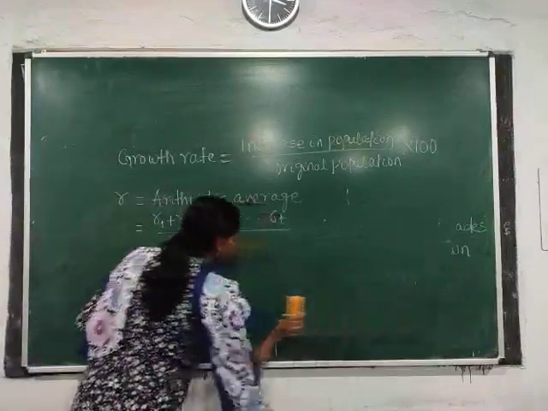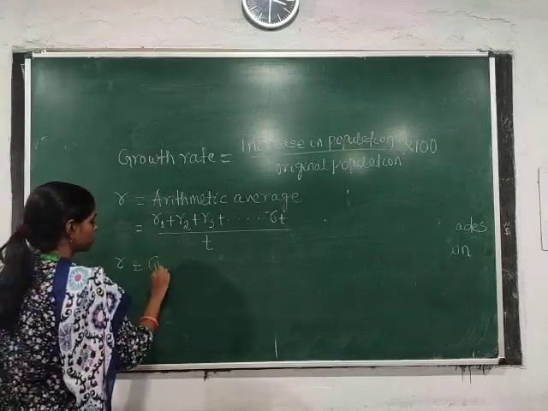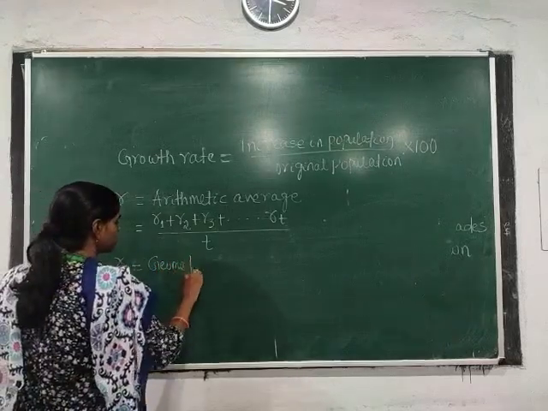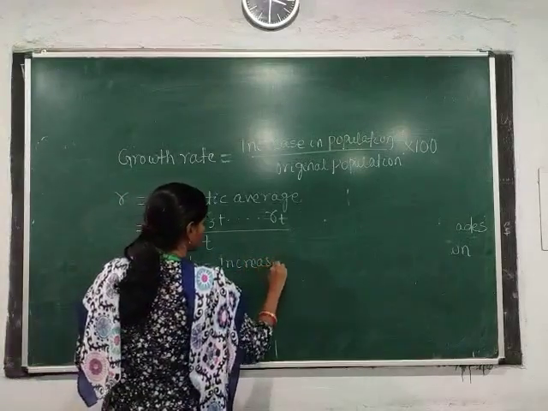The second method of finding R is the geometric increase method.